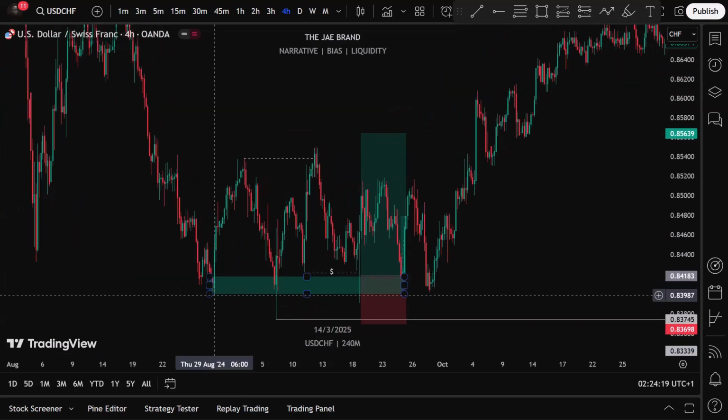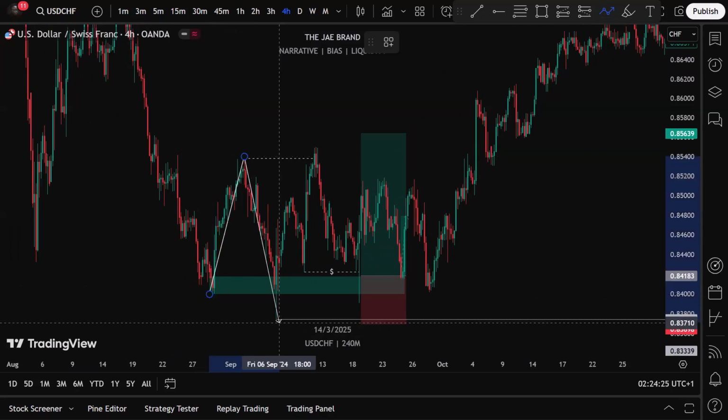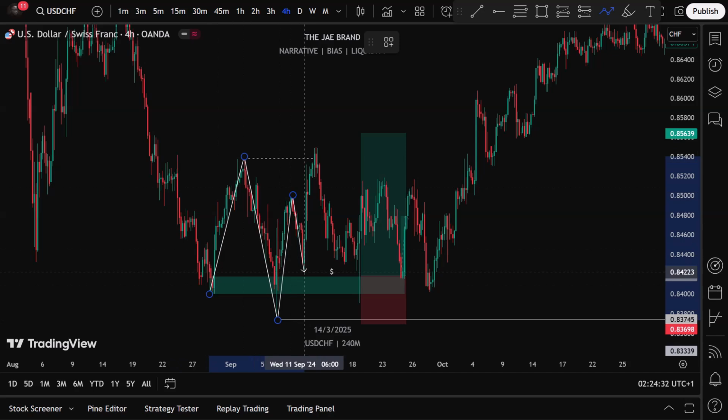This is exactly what I explained before. You can see a sweep of this previous low, and then we have our structural liquidity, or you call it your inducement, and then we have a break of this recent high.